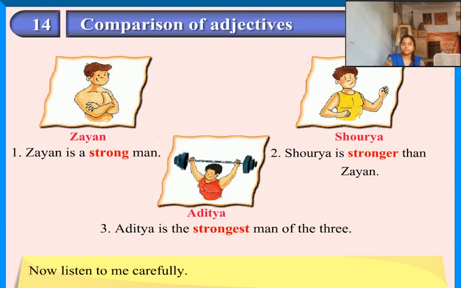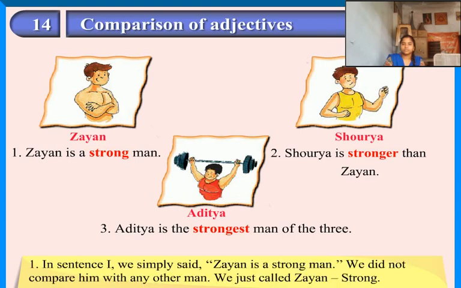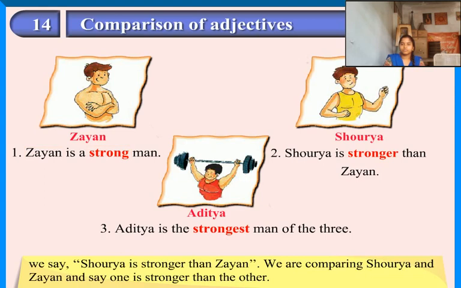Now listen to me carefully. In sentence 1, we simply said, Zayan is a strong man. We did not compare him with any other man. We just call Zayan strong. We say, Shaurya is stronger than Zayan.